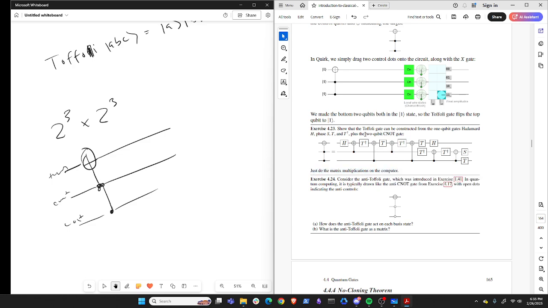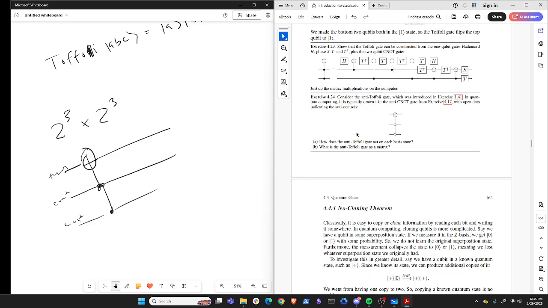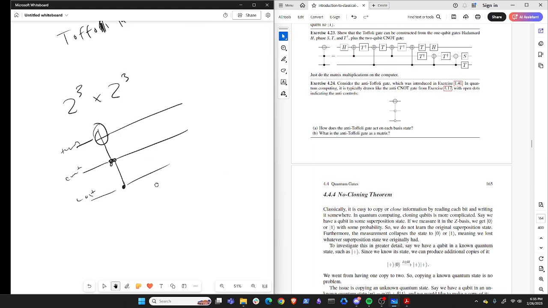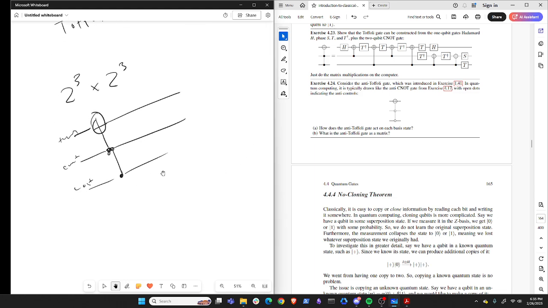Okay, I'm not going to worry about 4.23 because that one is just like the CNOT gate. We can have an anti-Toffoli gate. The anti-Toffoli gate operates if the control bit is 0, or 1, or plus, or whatever basis state we're in. That's 4.24.